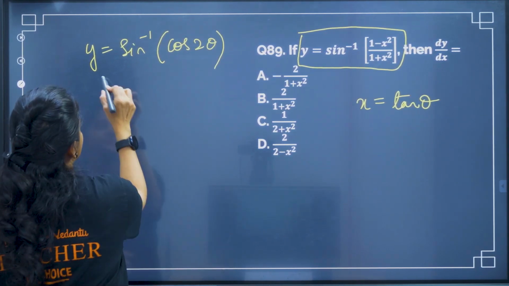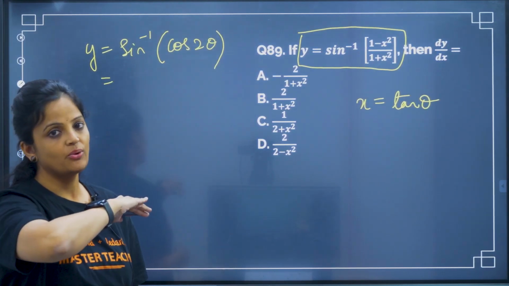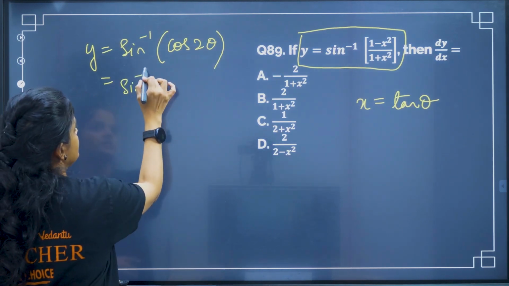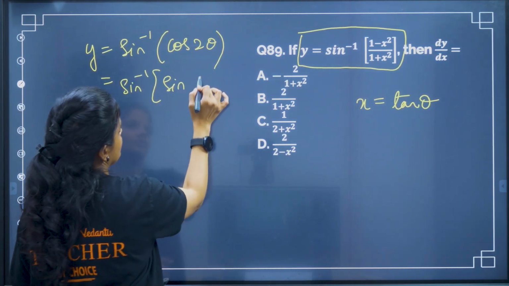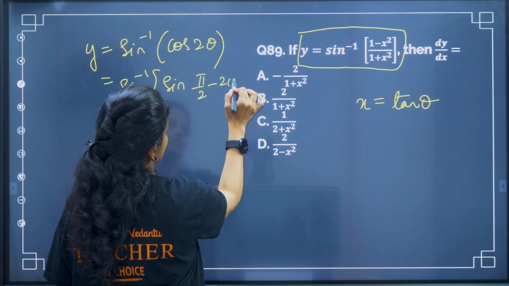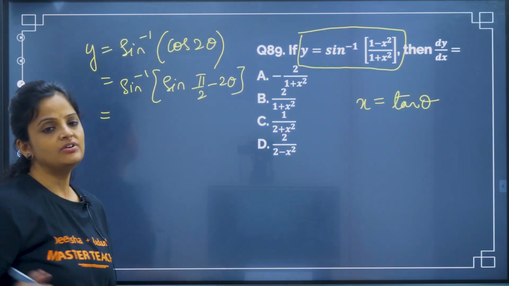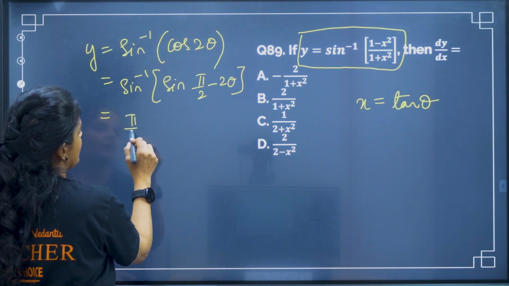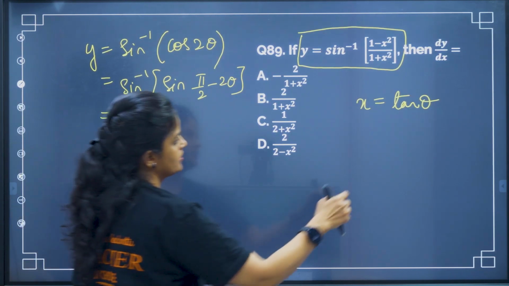Isn't it? Now outside we have sine inverse, inside we have cos. So to make it a sine, I'll take sine of 90 minus 2 theta. Sine inverse sine will get cancelled, and I have pi by 2 minus 2 times theta.